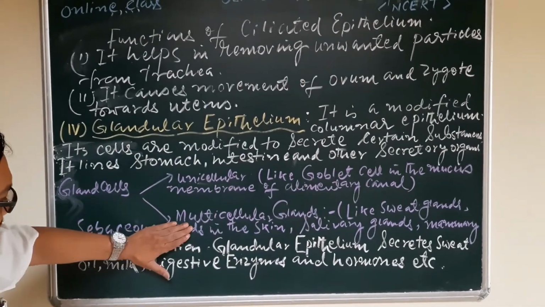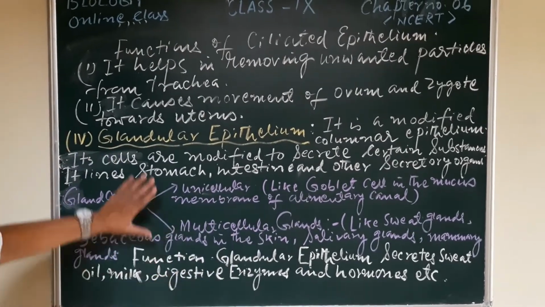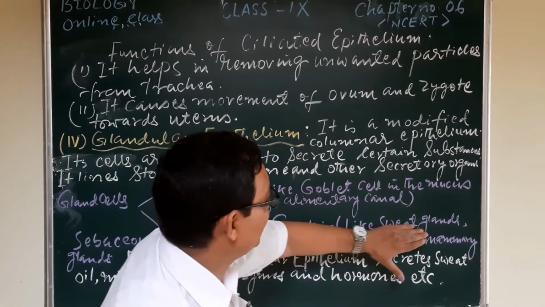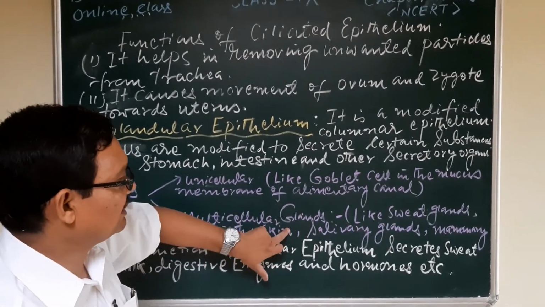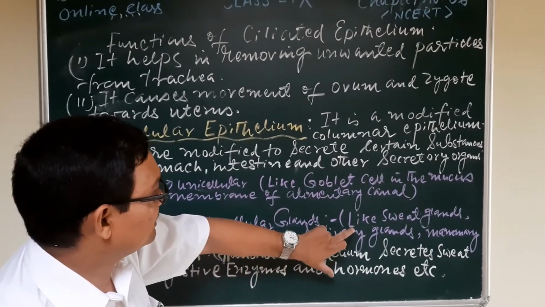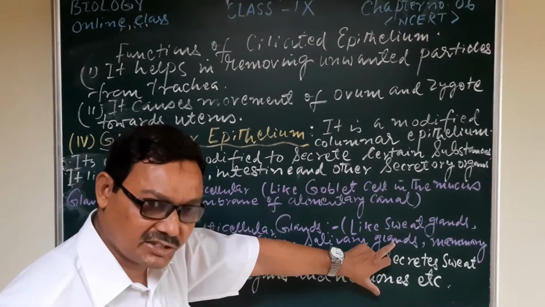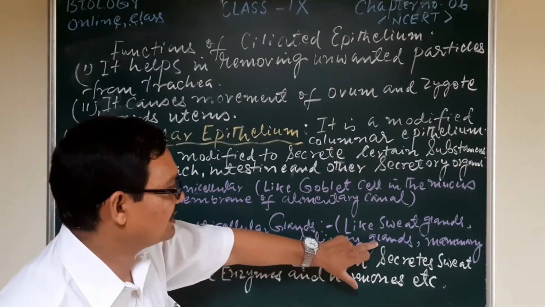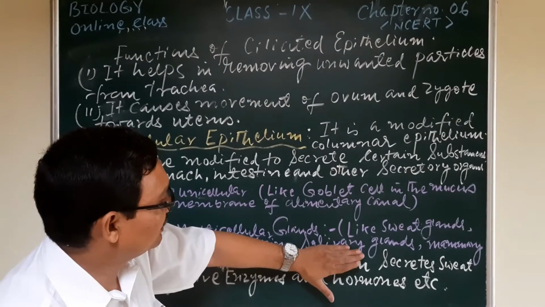But here in the case of the multicellular, a large number of glands develop with this modification, that is the sweat glands, sebaceous glands, that are present in the skin. Similarly here there is one more type of gland, that is the salivary glands. It is exocrine, that means it has duct. In the introductory class it was already discussed.